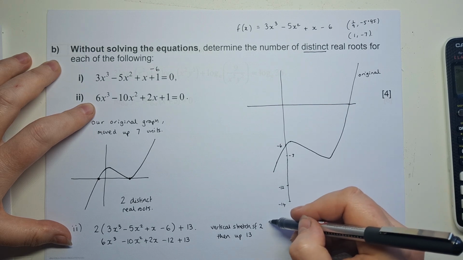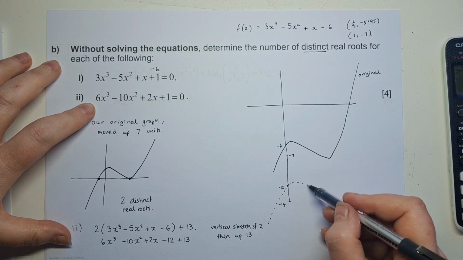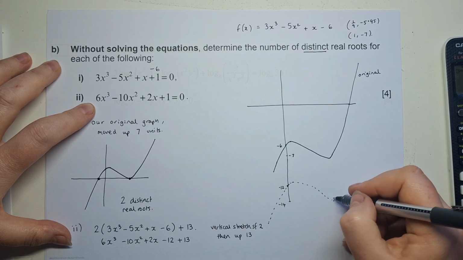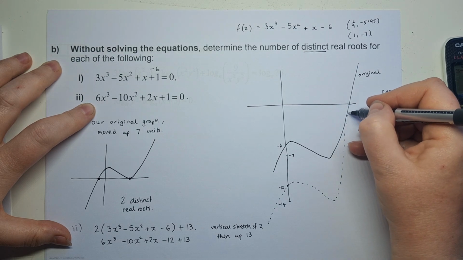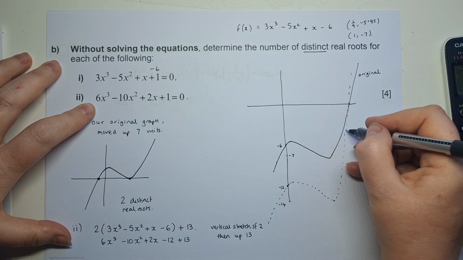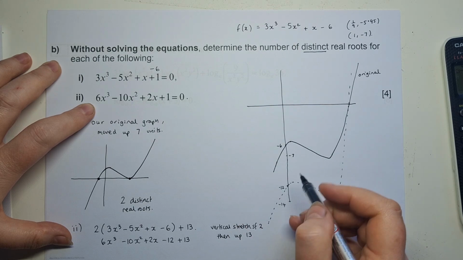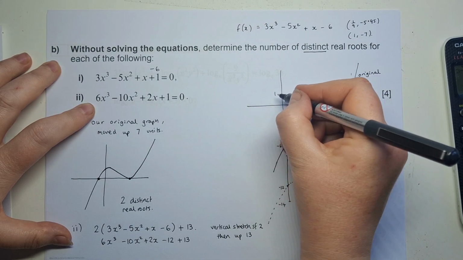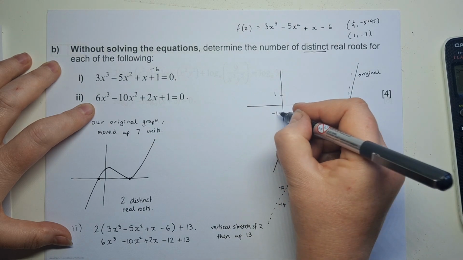And we're going to have a graph that comes up, down to minus 14, and then we'll stretch all the way up, and it will actually intersect at the same point here, but I'm not so bothered about that because next we're going to lift that whole graph up 13 units. So the minus 12 is going to end up as a 1. The minus 14 is going to end up as a minus 1.